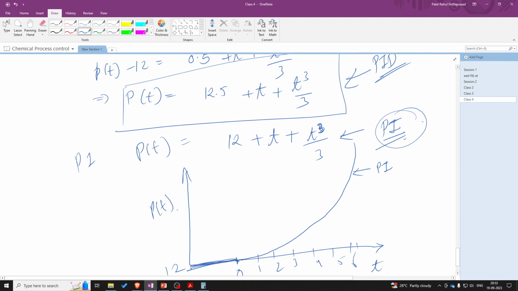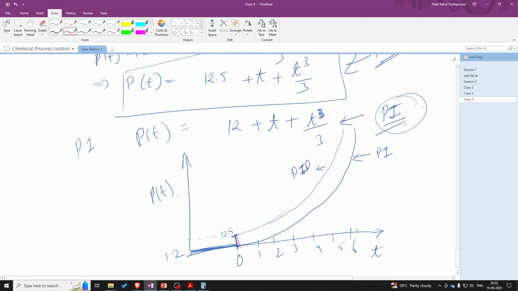That is at t equal to 0, the value becomes 12.5. And then the trend will be similar to the previous curve, the PI controller. That is, it will be like this. So this red curve is corresponding to PID controller, whereas this blue curve is corresponding to PI controller.